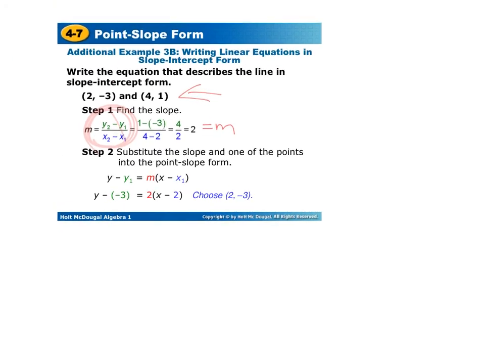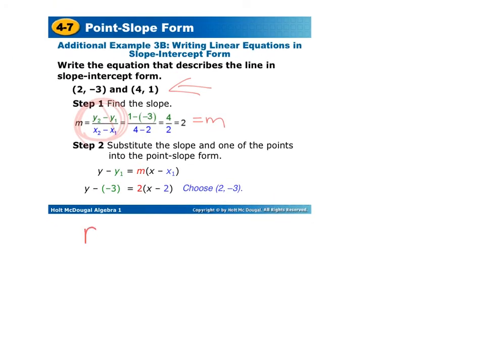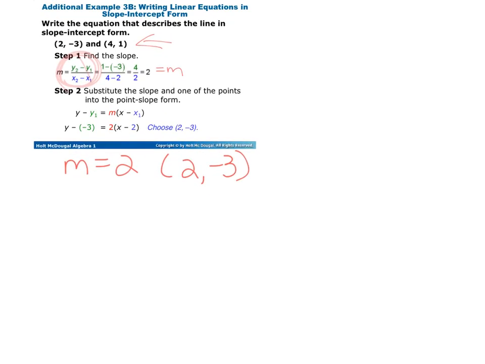So let's look at, now that we've calculated the slope, let's do the problem first with the first order pair. Then I'm going to do it with the second order pair to show you that I get the same answer either way.